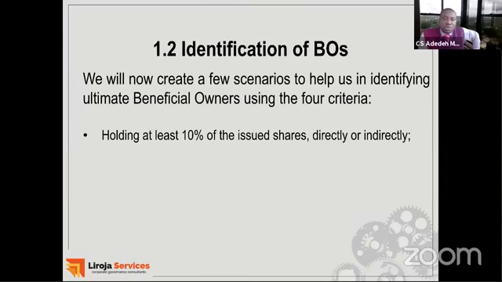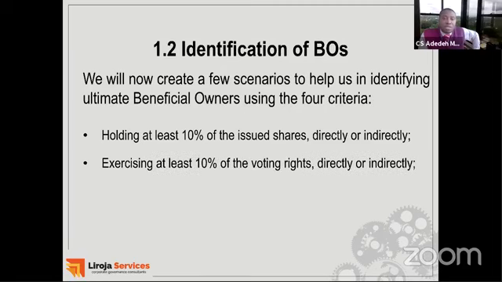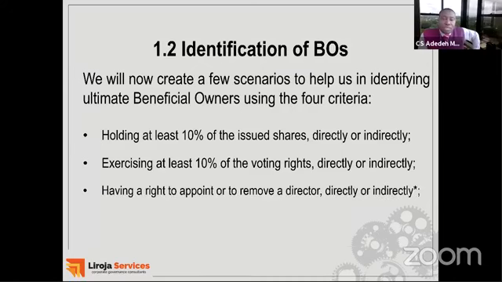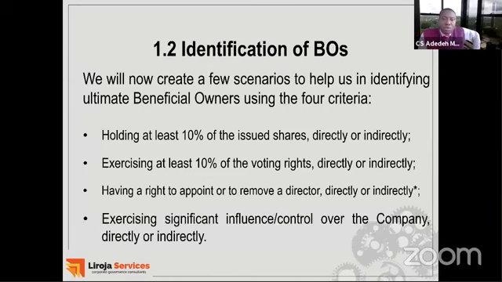On whether the person holds at least 10% of the issued shares, directly or indirectly, whether the person exercises at least 10% of the voting rights, directly or indirectly, whether the person single-handedly has a right to appoint or remove a director, either directly or indirectly, whether the person single-handedly exercises significant influence or control over the company, either directly or indirectly.